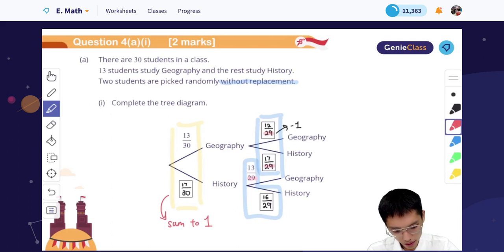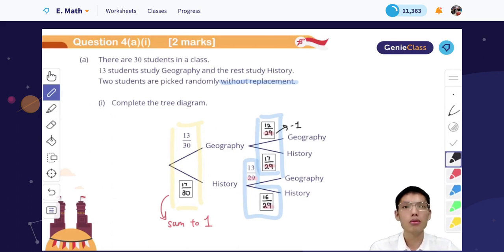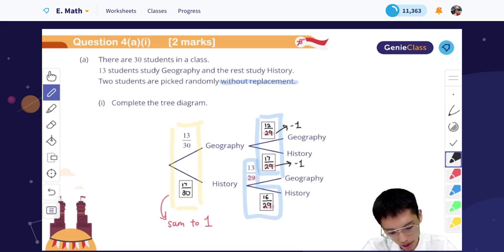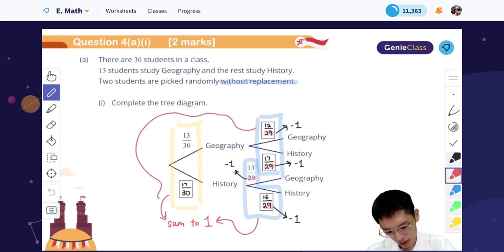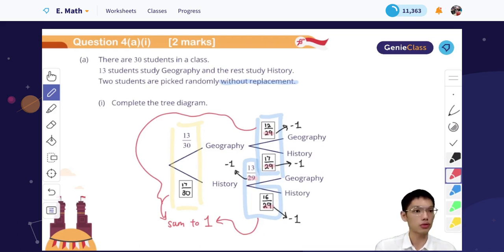And therefore again the probability of each should sum to 1. That's very important when you draw your tree diagram. So this one, denominator minus 1 because it is without replacement, and each of them should sum to 1. So this should sum to 1, this one over here should sum to 1. Okay, so these are the few things to take note. That is your tree diagram.